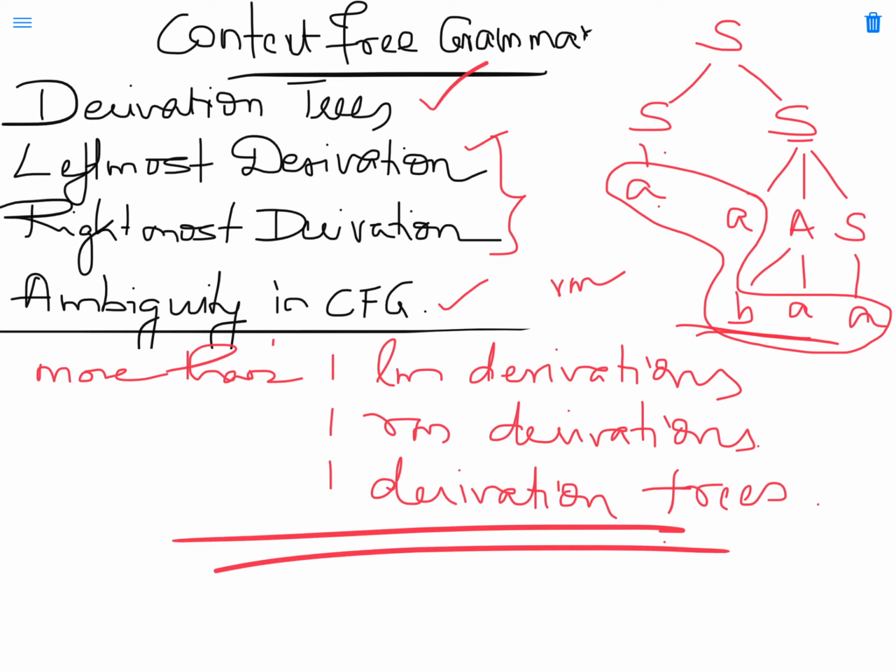If there exists more than one leftmost derivation or more than one rightmost derivation, or it is having more than one derivation tree, then we can say that the grammar is ambiguous. So that we can see with the help of an example.